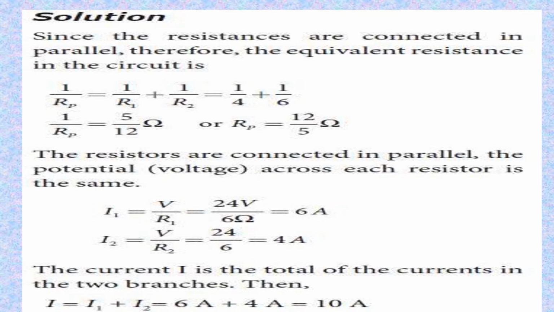The current I is the total of the currents in the two branches. So if you have I1 and I2, you can easily find I by adding them. So I is equal to I1 plus I2, which is 6 plus 4, that would be equal to 10 amperes. And in the same way, you can solve other examples.